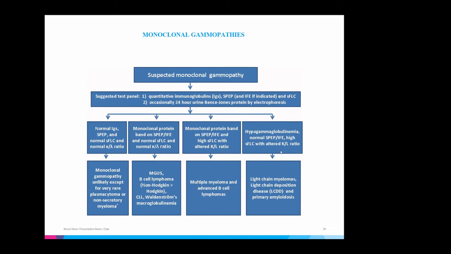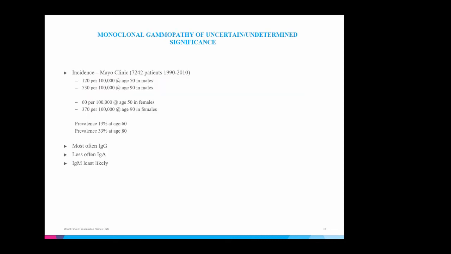Patients with hypogammaglobulinemia should be looked at carefully, because even though they may have a normal SPEP and serum immunofixation, if they have an abnormally high serum free light chain ratio and the kappa lambda ratio is altered, they may have light chain myeloma or something called light chain deposition disease or primary amyloidosis.